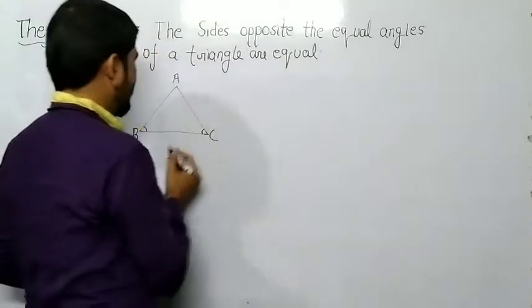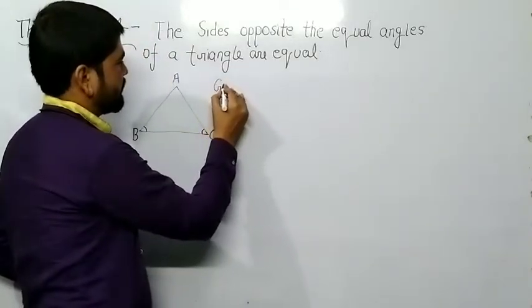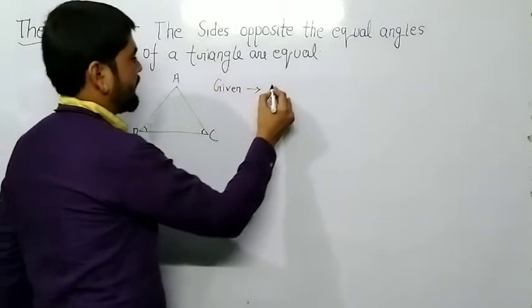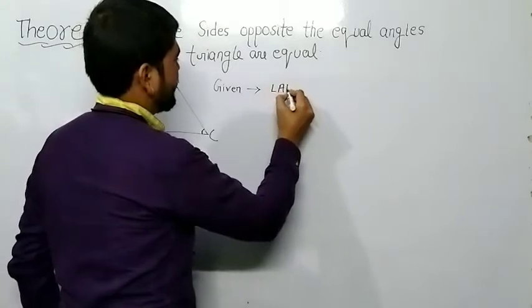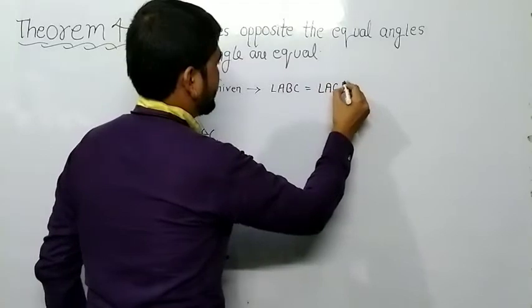Now for the given, you will write here angle ABC is equal to angle ACB.